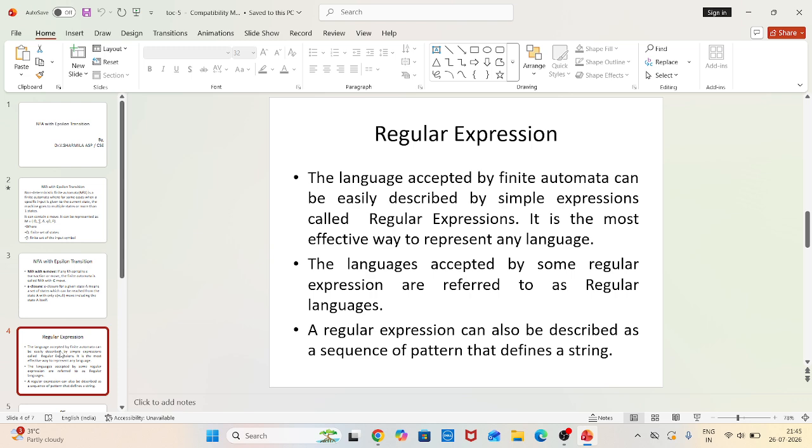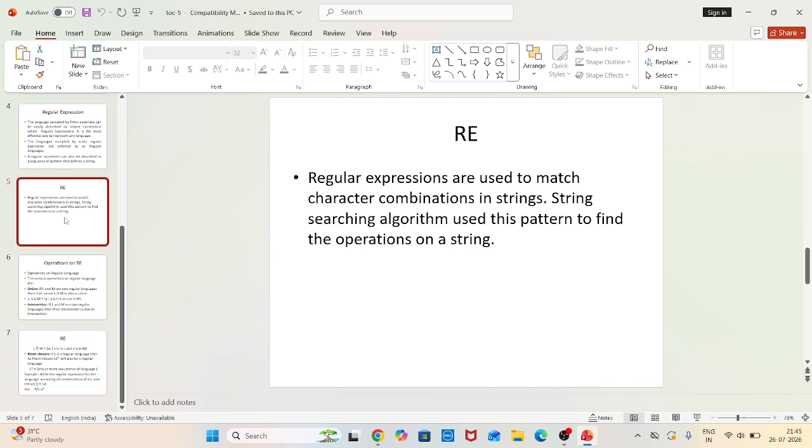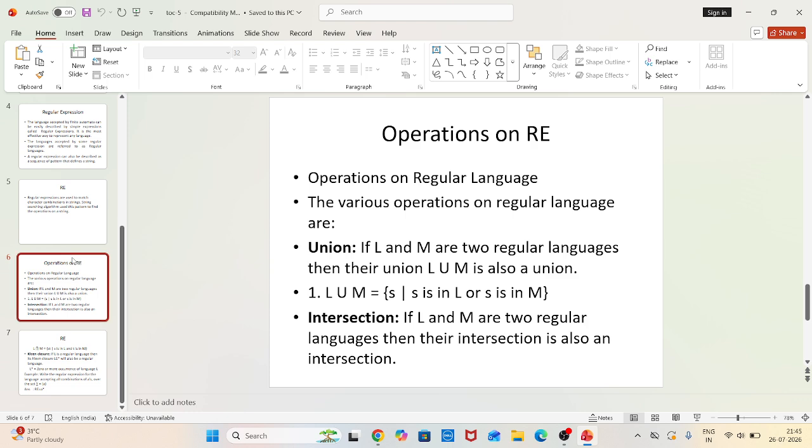A regular expression can be described as a sequence of patterns that defines a string. Regular expressions are used to match character combinations in strings. String searching algorithms use this pattern to perform operations on strings.